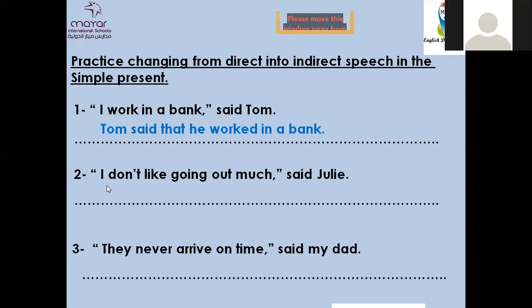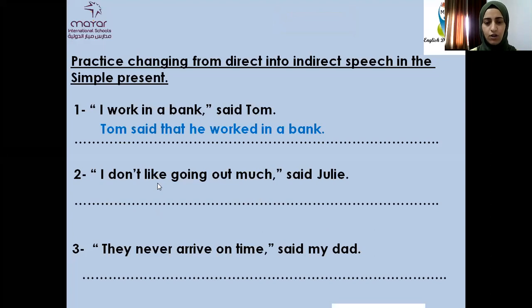You didn't change anything. Look at the sentence inside the quotation marks. What should you change? You should change the pronoun, which is I, and then you have to change the verb, because here it's in the simple present, it should be in the past simple.